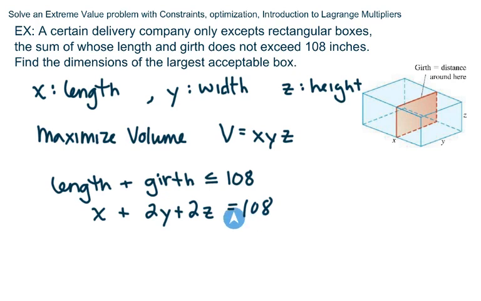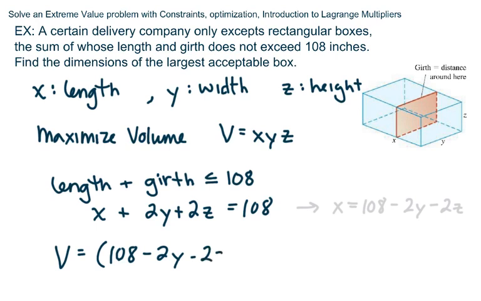Now, I'm going to use this second equation to isolate x by moving these two terms to the right, and then I can plug that in and create volume in terms of y and z, width and height. So the new equation would be V equals, and for x, I'm going to say x is 108 minus 2y minus 2z. This accounts for my x in my volume equation.